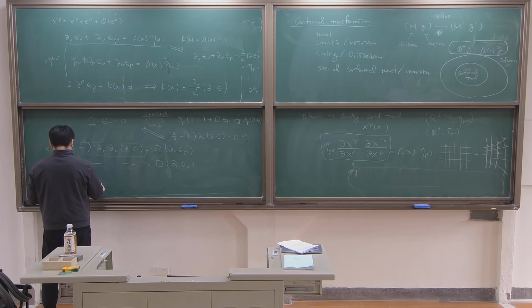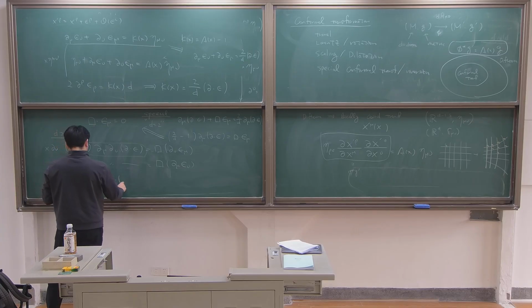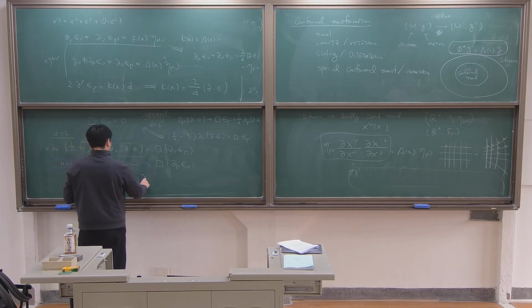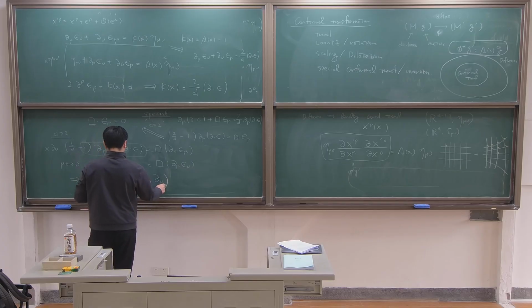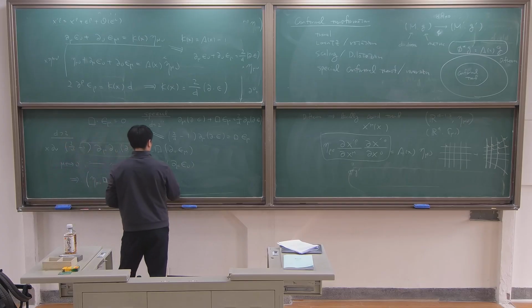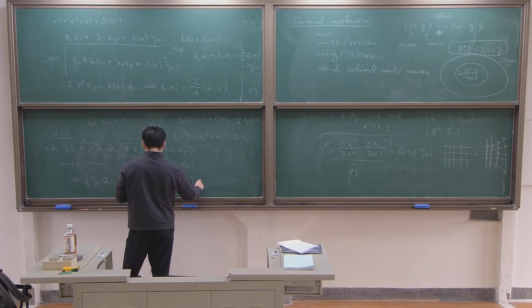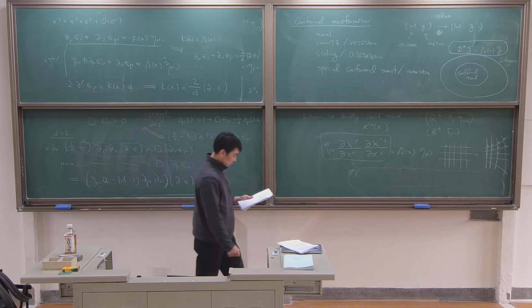Eta mu nu Laplacian acts on d minus 2 delta mu del mu acts on del mu delta mu. So that's what you do.